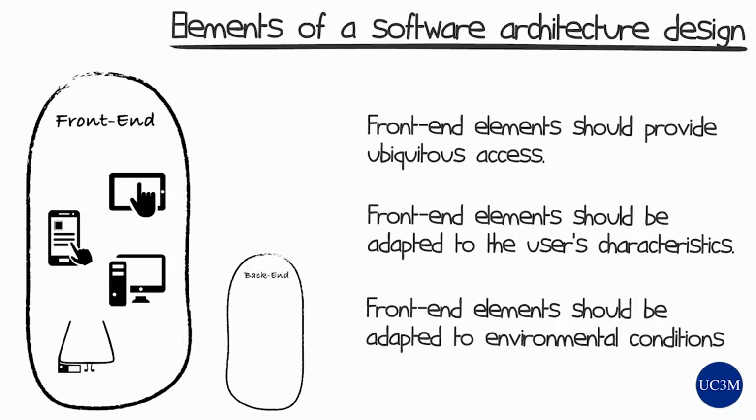Front-end elements should also be adapted to environmental conditions, where the users interact with the system, because these conditions could lead to different alternatives due to connectivity, processing, and information access. A more detailed view of how to design the front-end elements is discussed in the Creativity and Participatory Design Weeks.